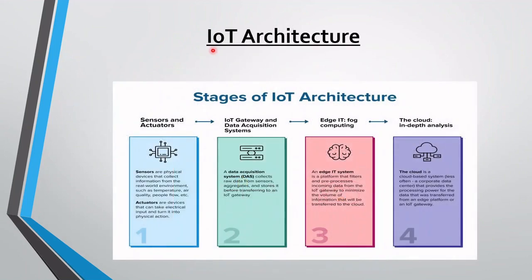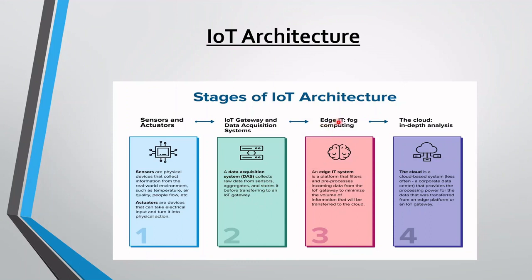Next is IoT architecture. These are the stages of our IoT architecture. First is sensors and actuators, which I am going to talk about in the next slides. Then the IoT gateway and data acquisition system. The data acquisition system collects raw data from sensors, aggregates and stores it before transferring it to an IoT gateway.